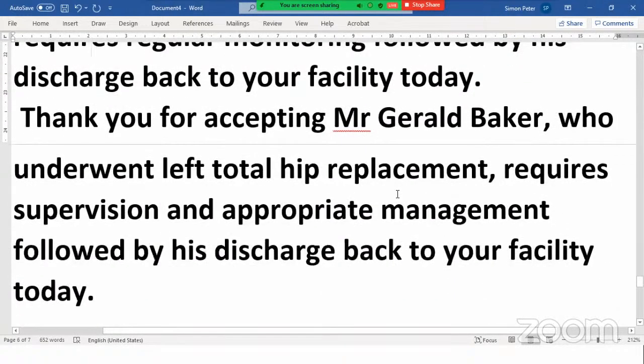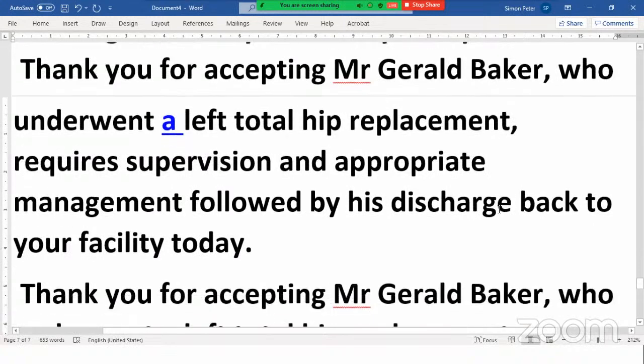Thank you for accepting Mr. Gerald Baker, who underwent left total hip replacement. Full stop. When you say thank you for seeing or thank you for accepting, you have to break the sentence and make a new sentence there.